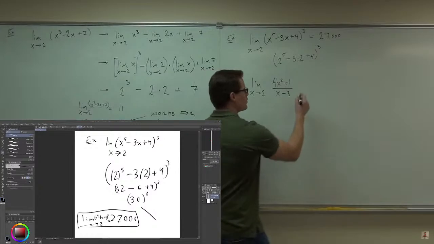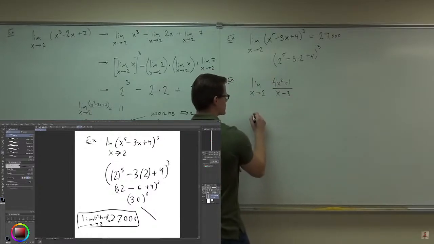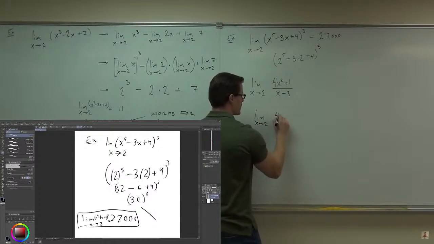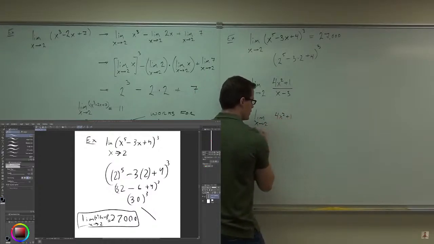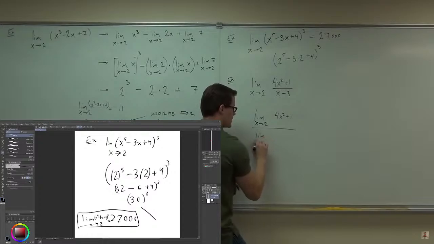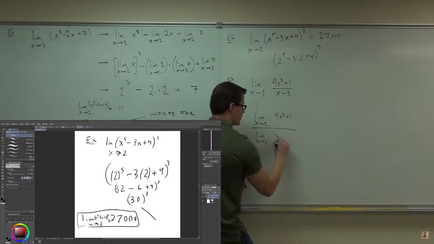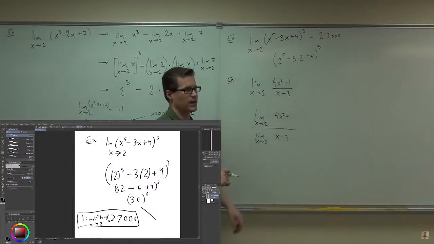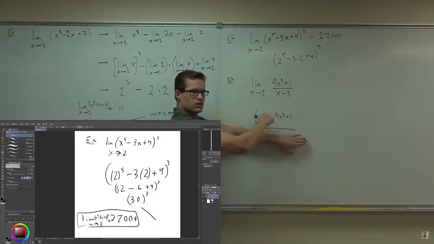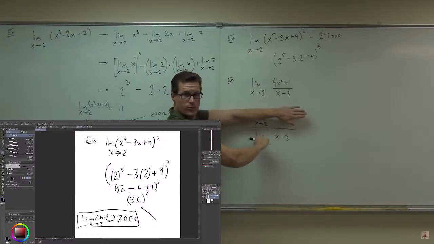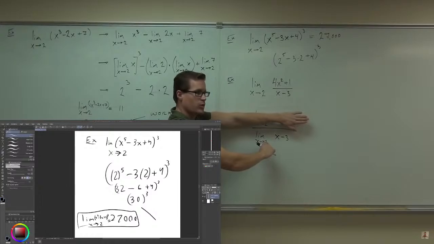You can do that. So because we can do this whole step, this is the limit as x approaches 2 of 4x squared plus 1 over the limit as x approaches 2 of x minus 3. Well, now look at it. Is that a polynomial? Yes. Is that a polynomial? Yeah, they're both polynomials.